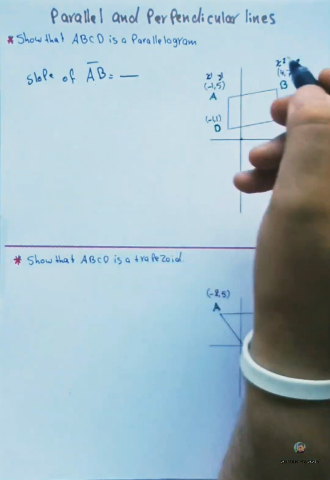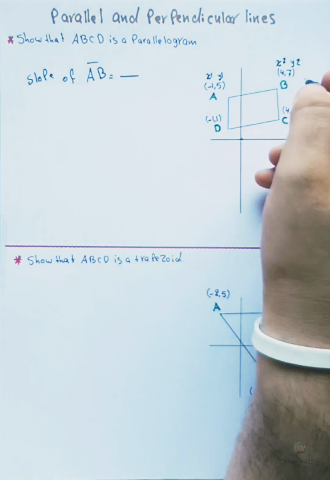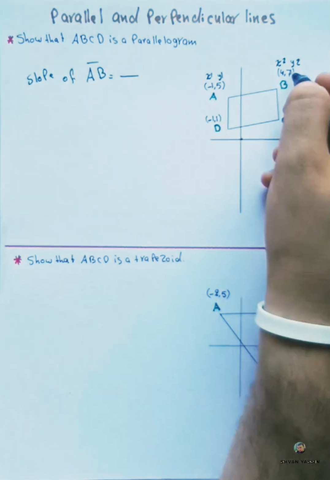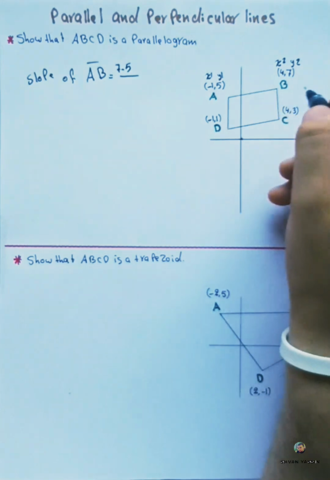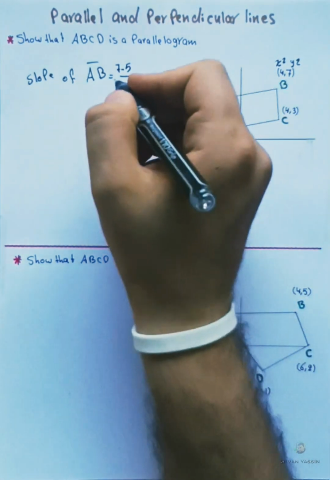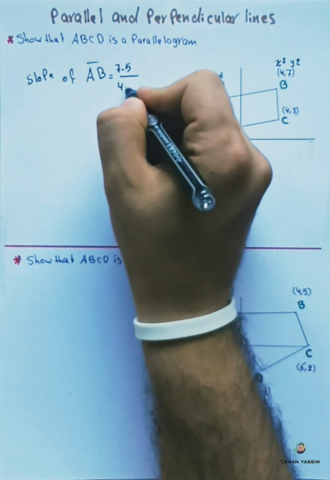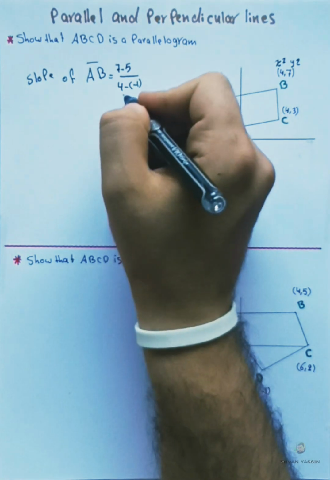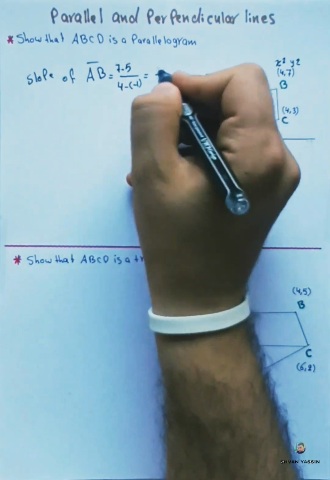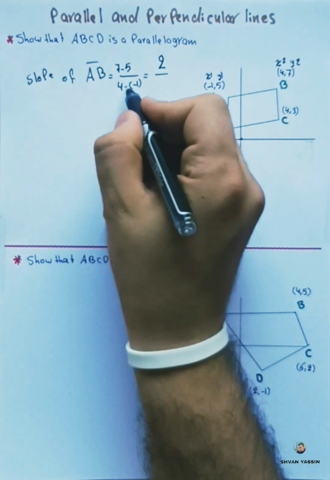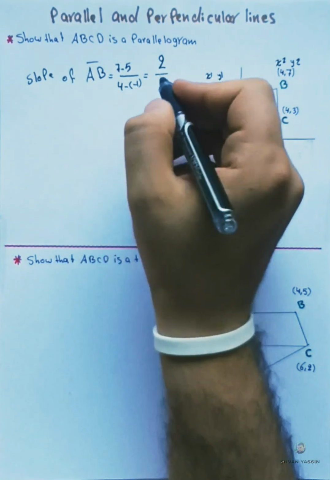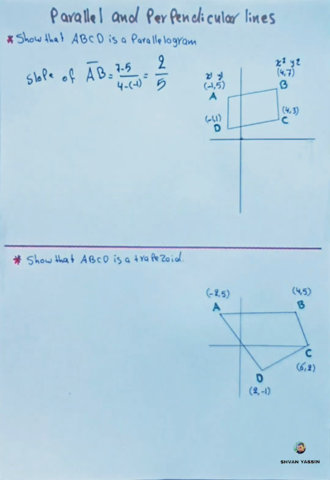The slope for AB: y2 minus y1, so 7 minus 5 out of x2 minus x1, 4 minus negative 1. 7 minus 5 is 2. Minus times minus is plus, 4 plus 1 is 5. So the slope for AB line is 2 out of 5.